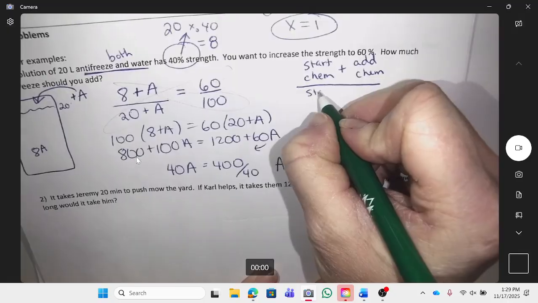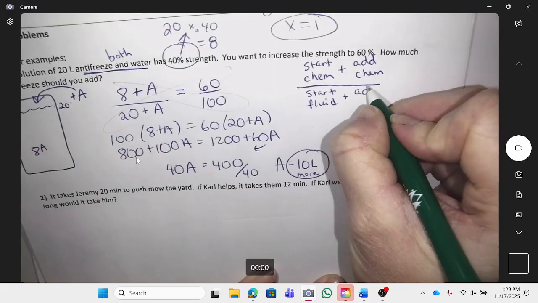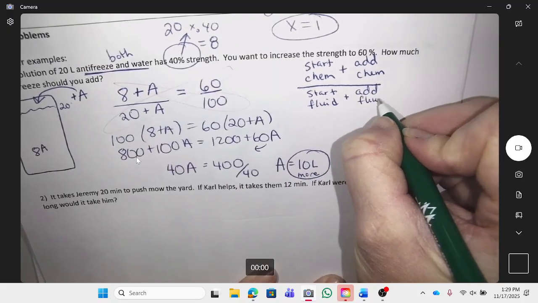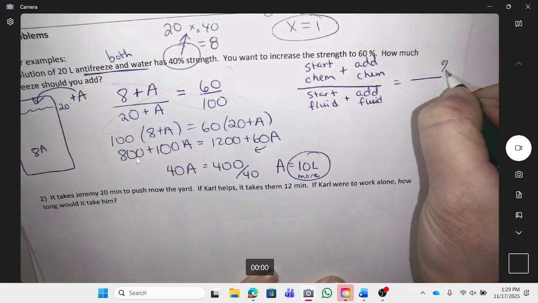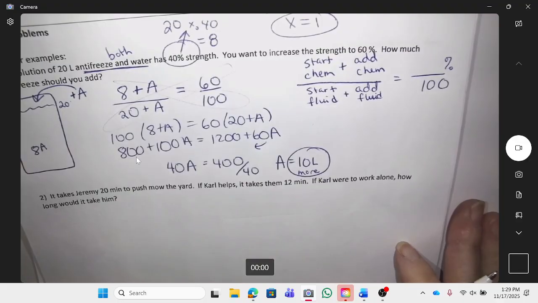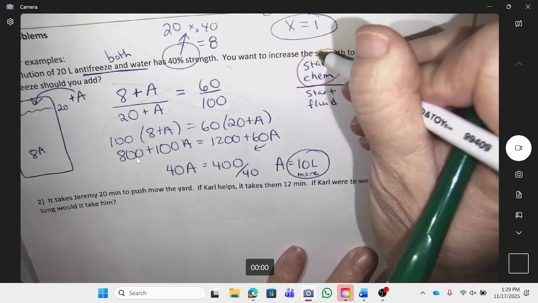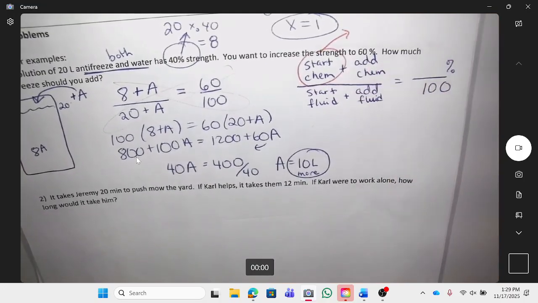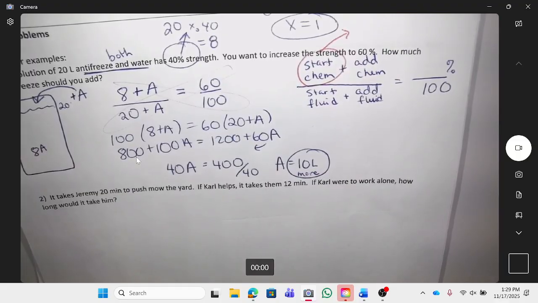The start fluid plus the added fluid equals whatever you're trying to get to, right? That's going to be the format. We started with something, we added something. We started with fluid, we added fluid.